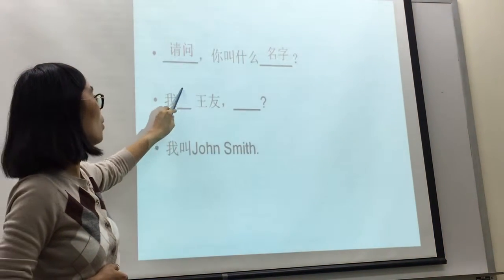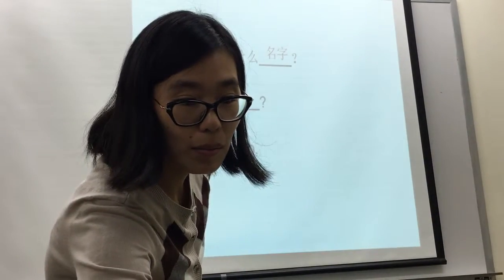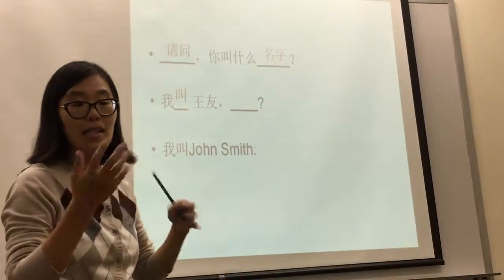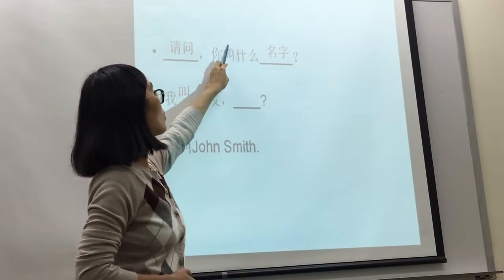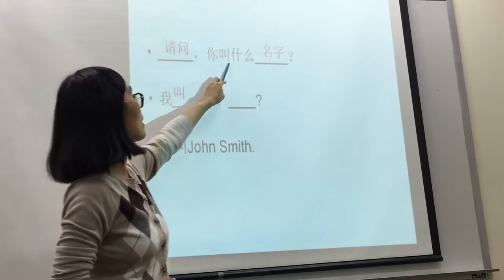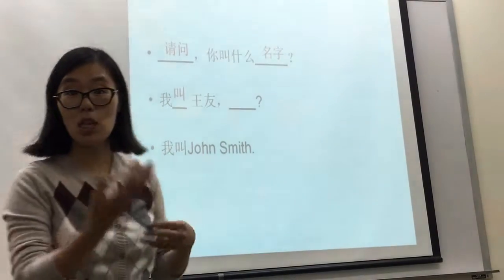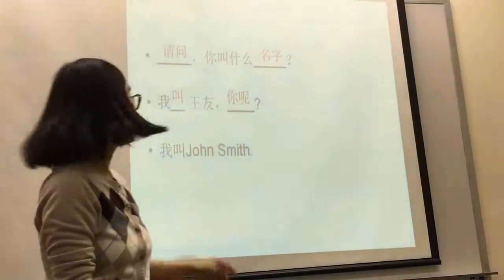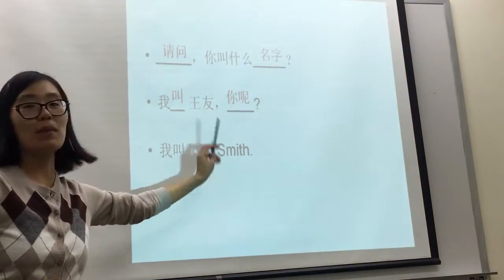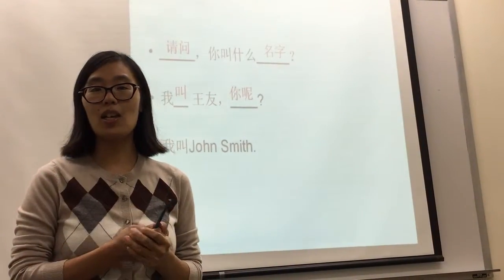We can use 我叫网友. But we can also say 我是网友. That's the same. But here we say 我叫 because we use this verb the same as this one. 我叫网友. And how about you? 你呢? 我叫 John Smith.